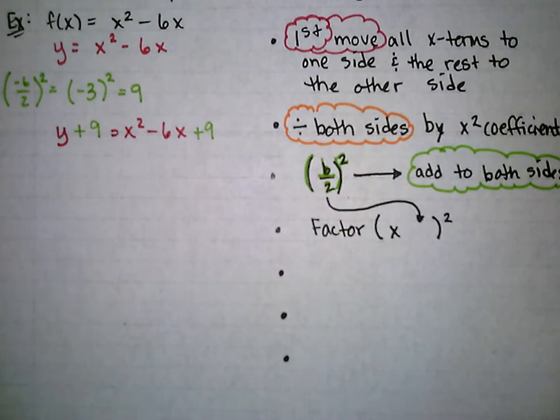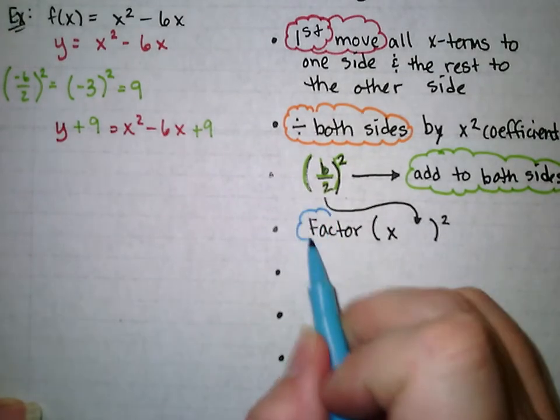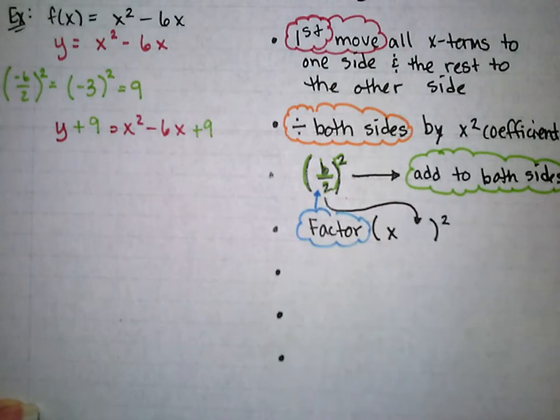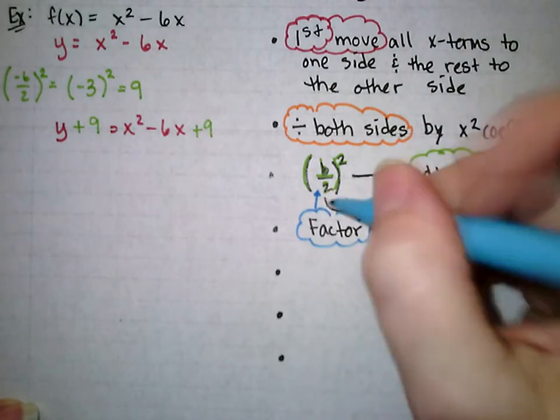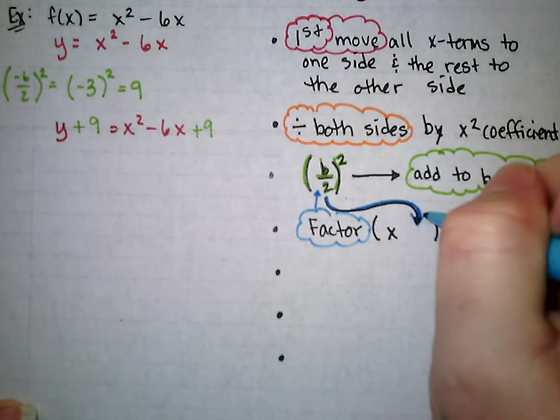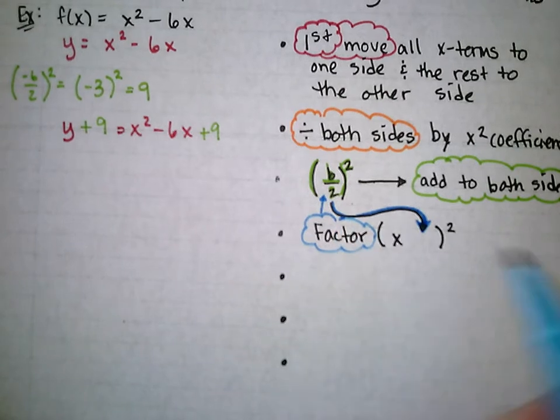Then my next step is going to be factoring. When I factor, I just use the number inside the parentheses. Like I literally just drop that number into a parenthesis that says x plus that number squared. If it's negative, it'll be x minus that number squared.